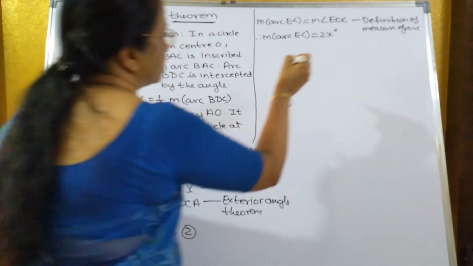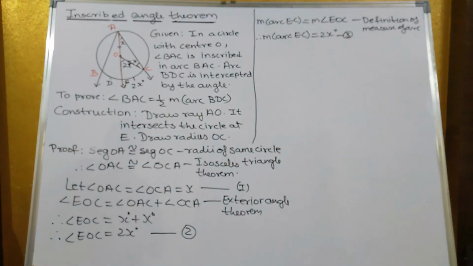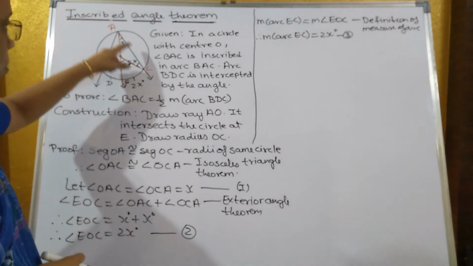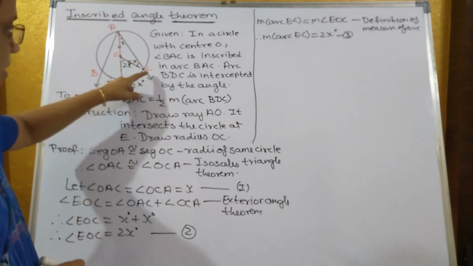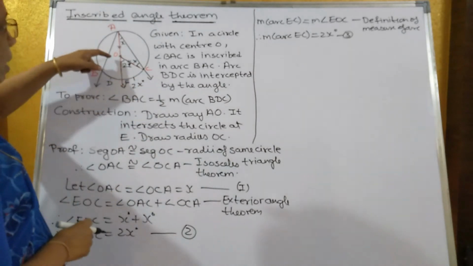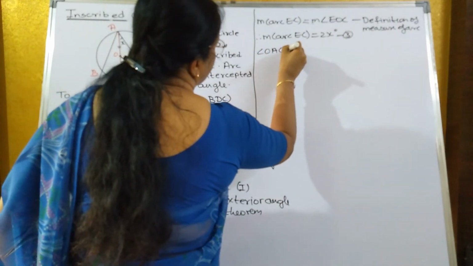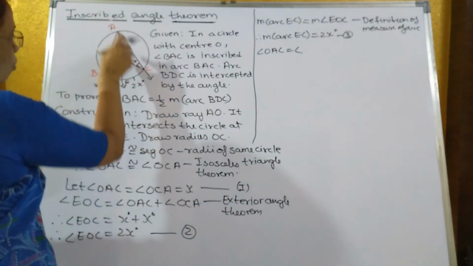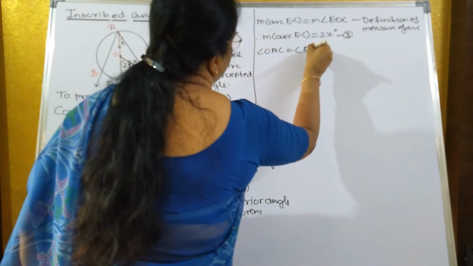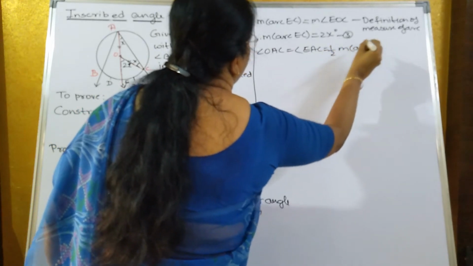Let this be 3. Now what do you observe from 1 and 3? We had got OAC is x, and arc EC we have got 2x. So that means this is half of this only. So angle OAC, we can also write instead of OAC, EAC. So angle EAC is equal to half of measure of arc EC.